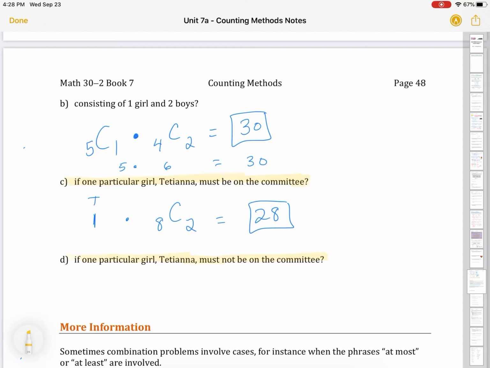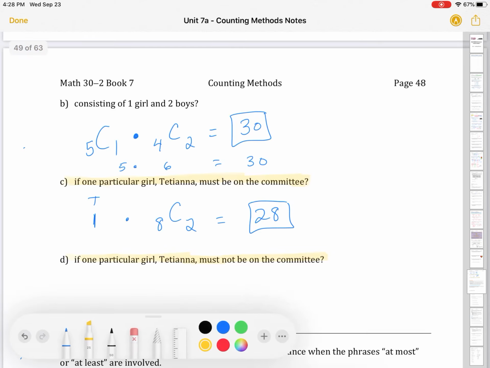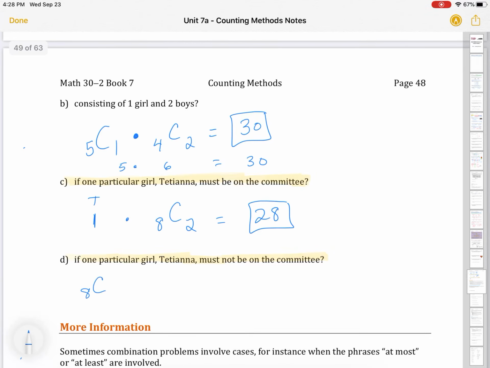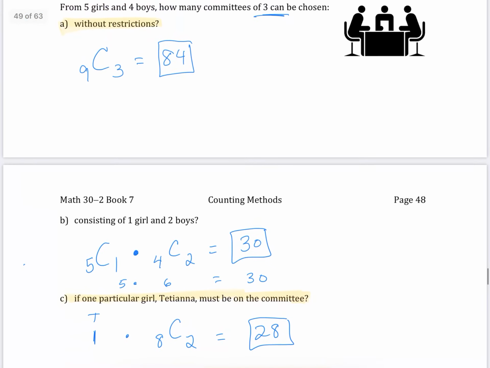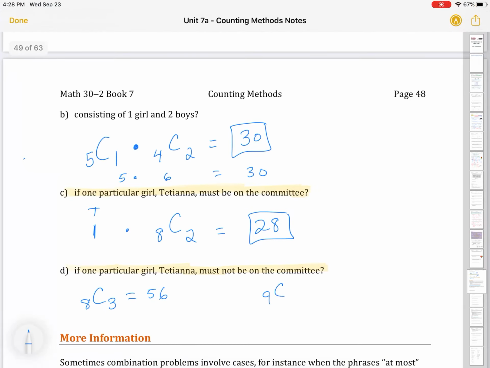If 1 particular girl, Tatiana, must not be on the committee. Okay. Now, we already know what the options are if Tatiana is on the committee. So let's look at what it is if she isn't. Well, if she isn't, that means we're only picking from 8 people. So 8 choose 3. 8 choose 3 is 56. However, if we go back and think about when we had 9 choose 3, that was the total, including all of them, that was 84.